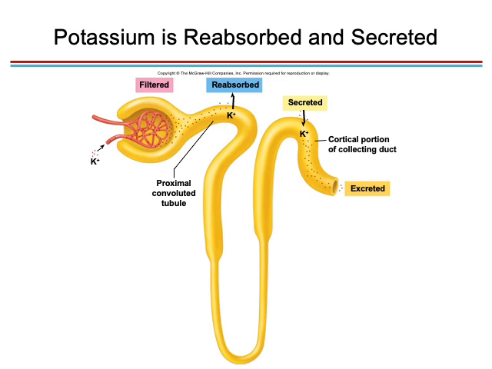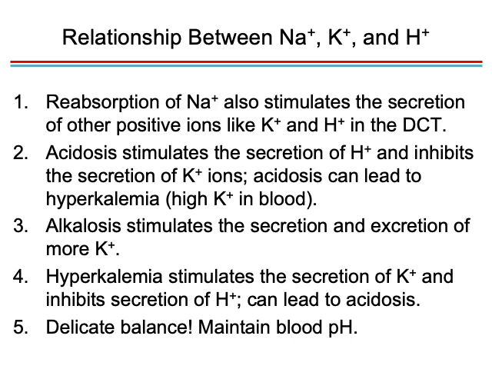So again, here are the reabsorption and secretion parts for potassium. Finally, the other interesting ion that is secreted is hydrogen ion, hydrogen protons, that can be secreted back in if blood pH is too acidic.